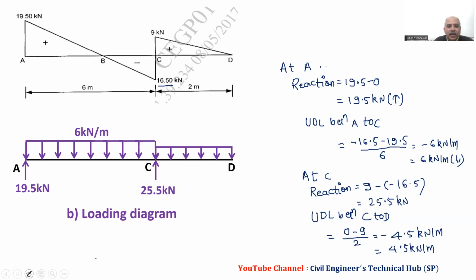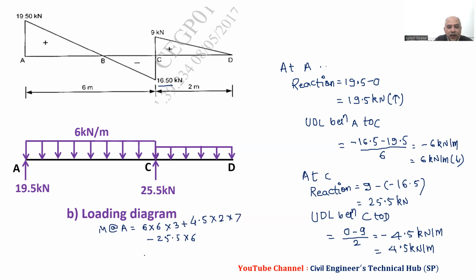Now we have to check summation Fy equals 0 and moment about any point equals 0. So I will take moment about A equal to 0, and then we have 6 into 6 into 3 plus 4.5 into 2 into 7 and minus 25.5 into 6.